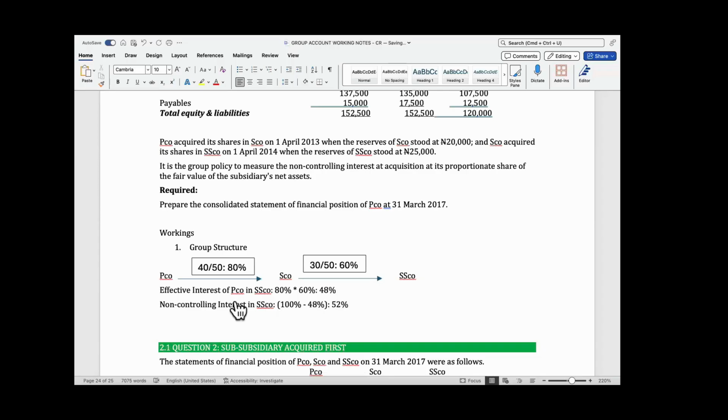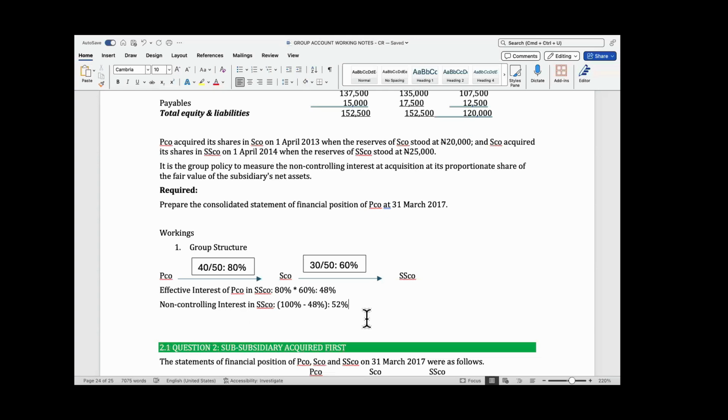As soon as we are able to correctly identify this effective holding, then we have done a major part of the work, because it is on that basis that you are going to consolidate SSCO in the consolidated account.